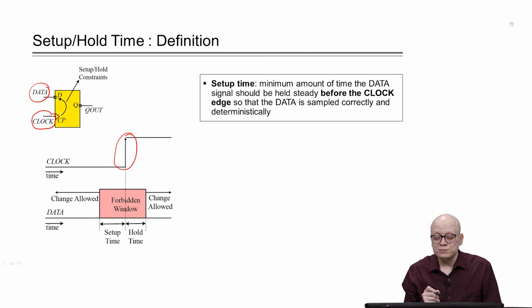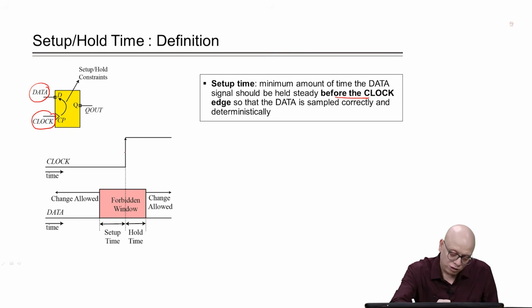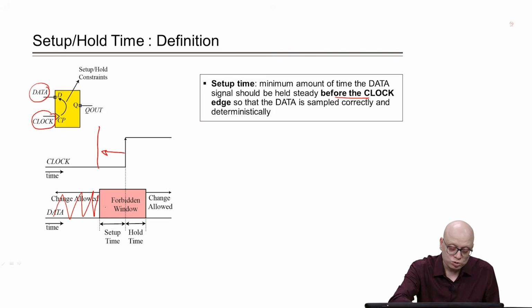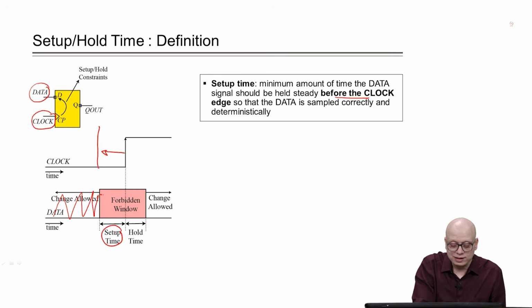Now, what is a setup time? Setup time is the minimum amount of time the data signal should be held steady before the clock edge. So, if this is the clock edge, before this clock edge, we say that the data signal should get stabilized within this window. It should not change before this clock edge for some time, and that time is known as the setup time.